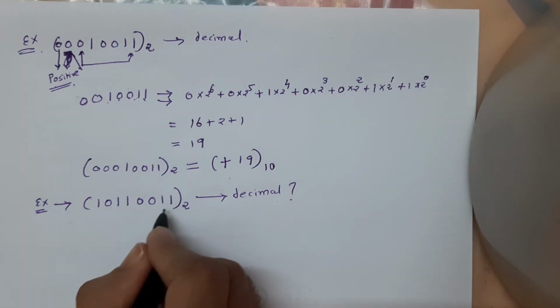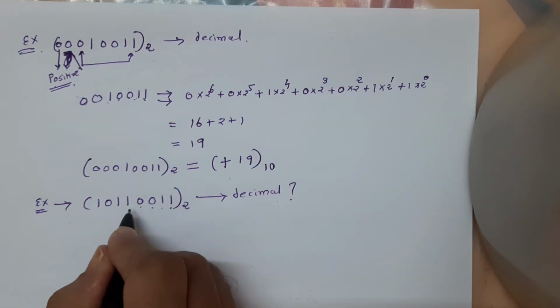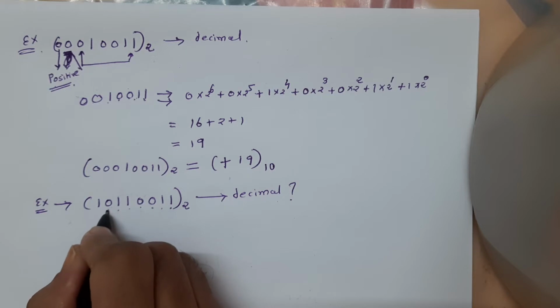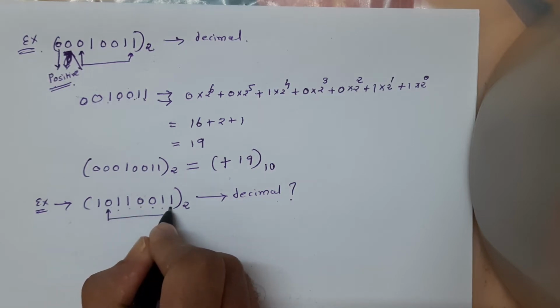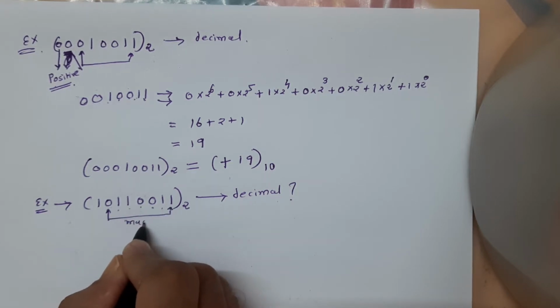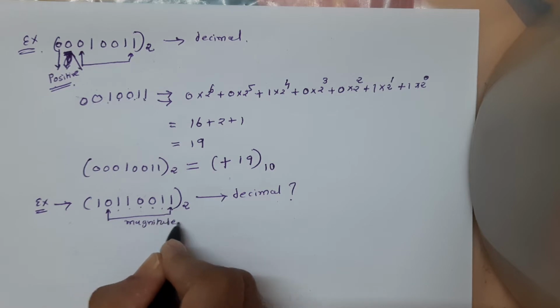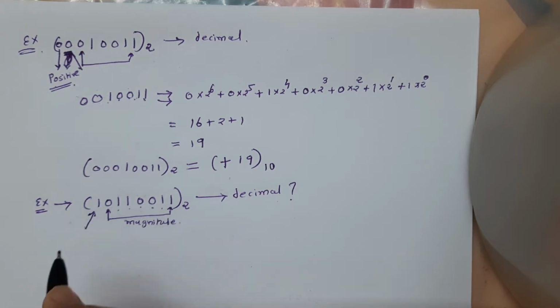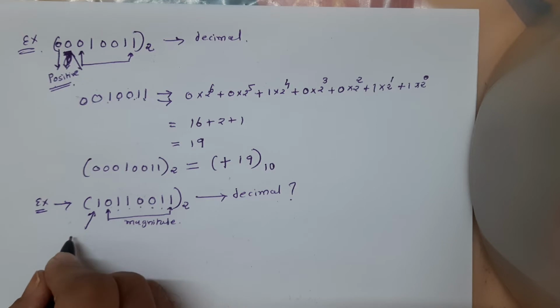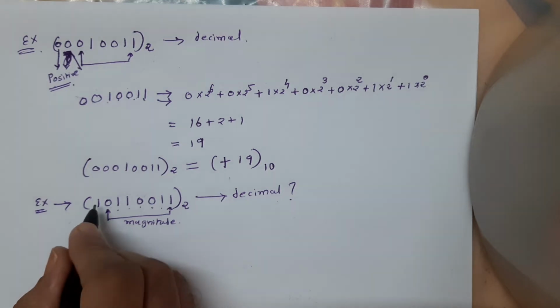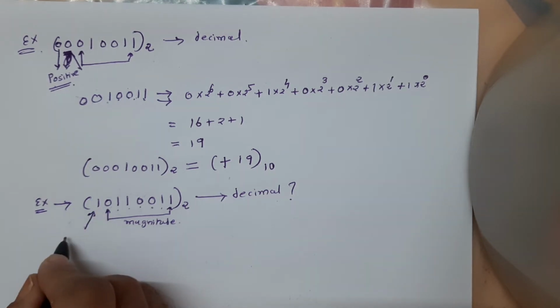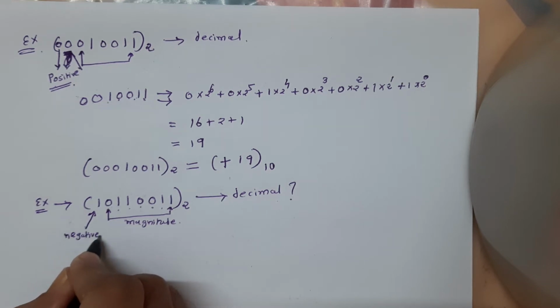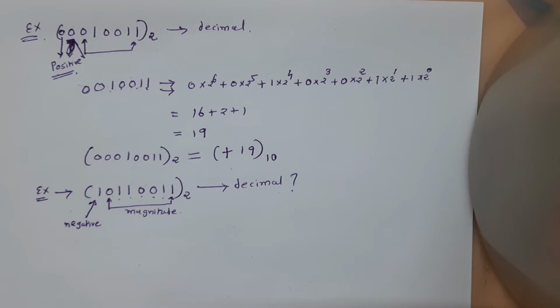Again, this is your 7 digits, this is your magnitude, and the MSB, the 8th bit, is your sign, equal to 1, that means the value is negative. If it is 0, then we write positive, but it is 1, so we write negative.